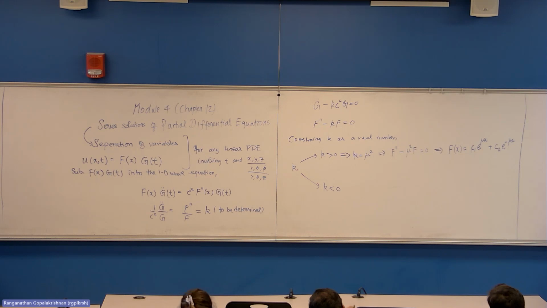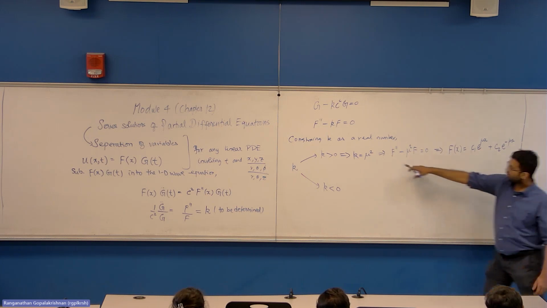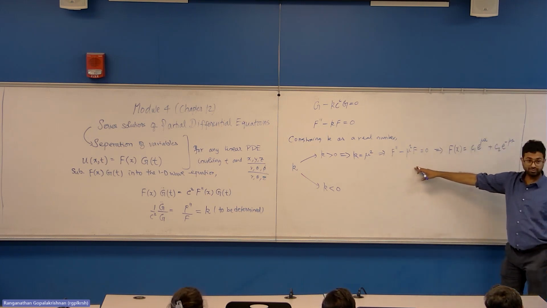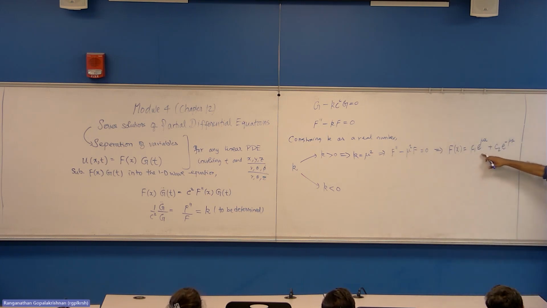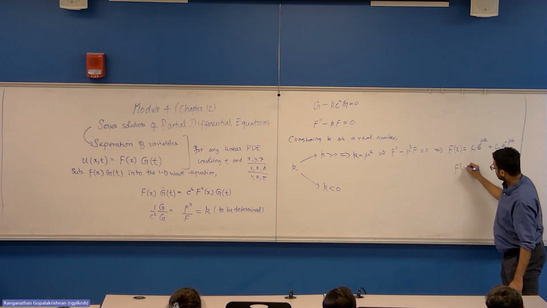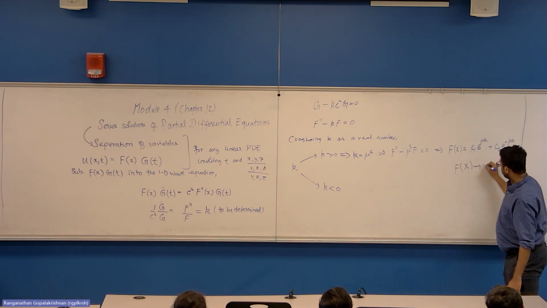The problem with these exponential solutions is, can you see the problem? Mu is a real number which will make k a positive number. If you have C1 e power mu x and C2 e power minus mu x, more often than not, this solution has the potential to be infinity for some value of x.